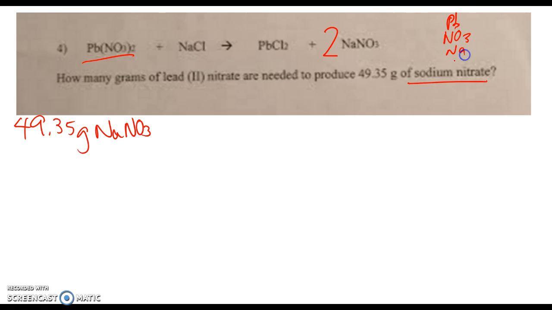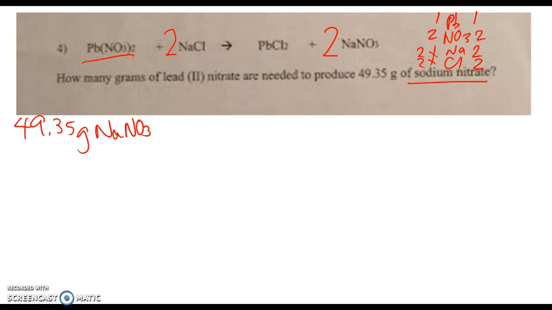I have sodium and I have chlorine. So I have 1, 2, 1, 1. Now I put a 2 over here, so let's count that. I have 1, 2, 2, 2. Alright, so I have to fix this one up. I do that. That'll make this a 2 and this a 2. And then we should be matched. 1 lead, 2 nitrates, 2 sodiums, 2 chlorides.